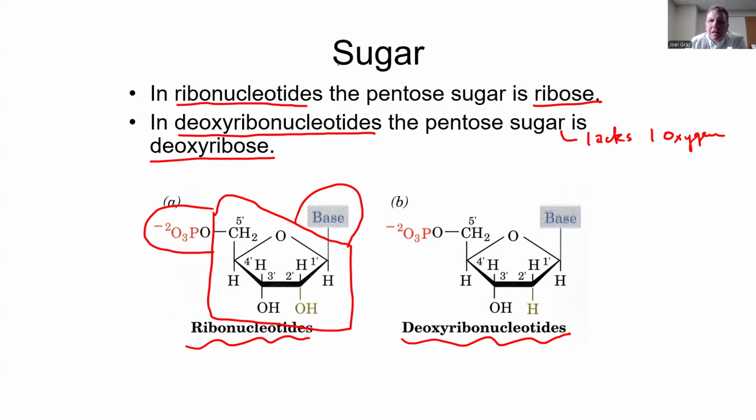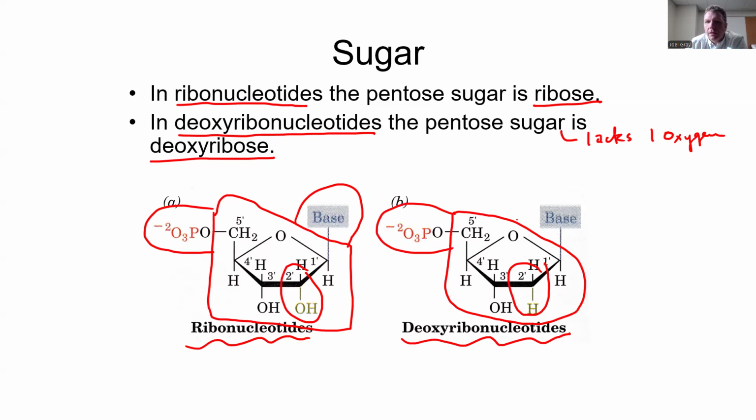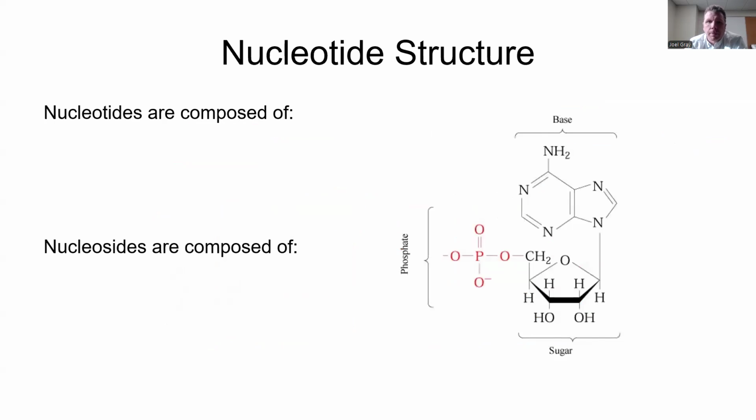So, these are the three things that make up a ribonucleotide. Now, the difference between a ribonucleotide and a deoxyribonucleotide is this right here. At position 2 prime, it lacks a hydroxide group, or it lacks an oxygen. A deoxyribonucleotide also has a phosphate and a nitrogenous base. So these are the three things that make up a nucleotide.